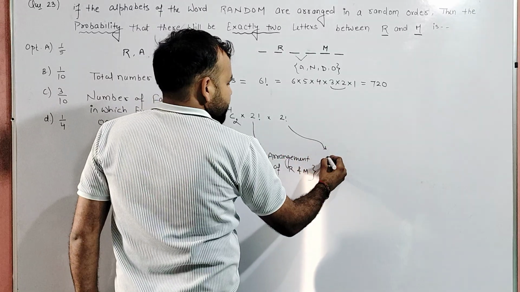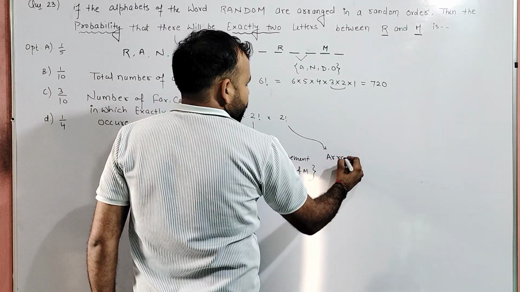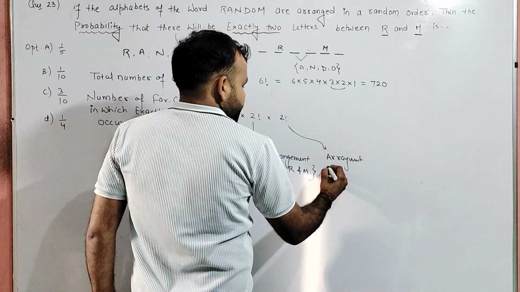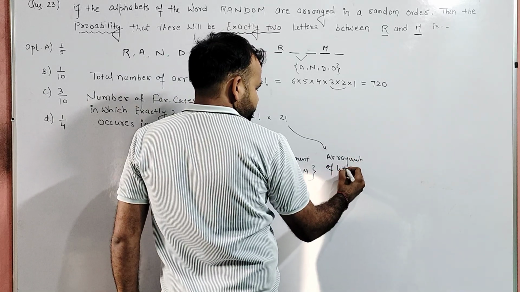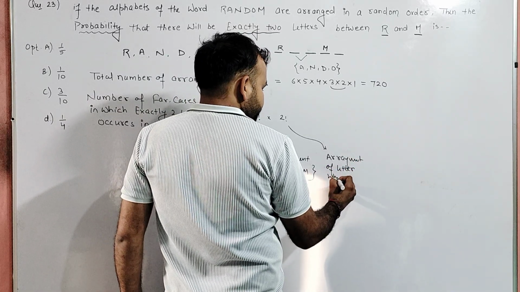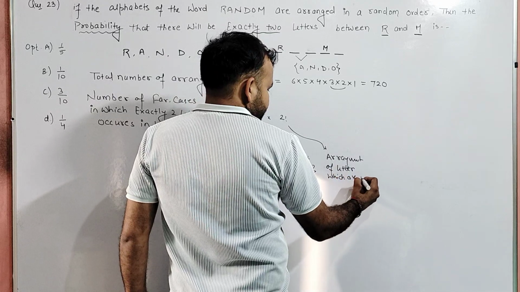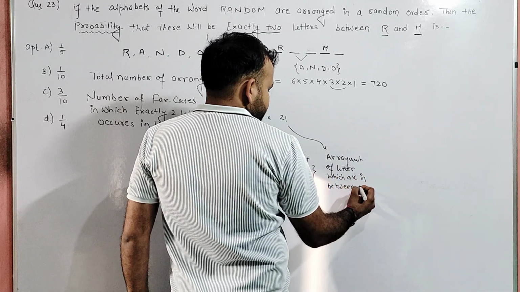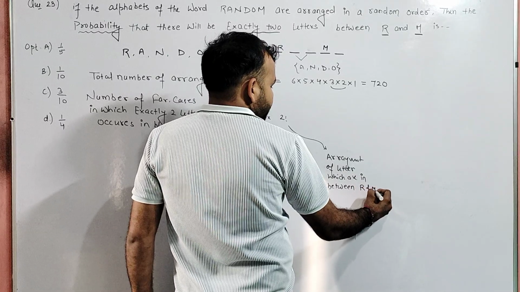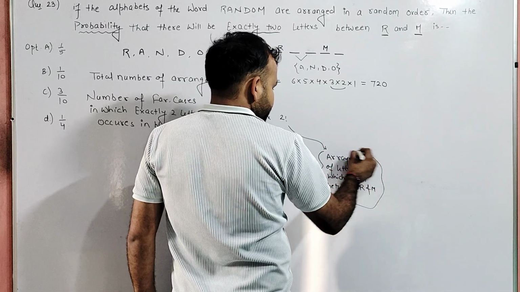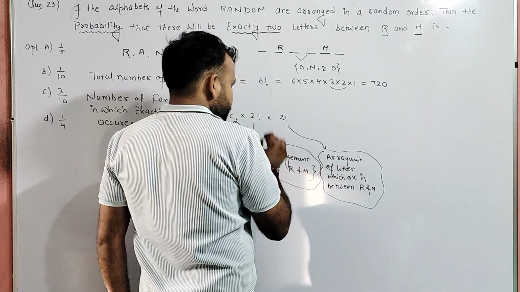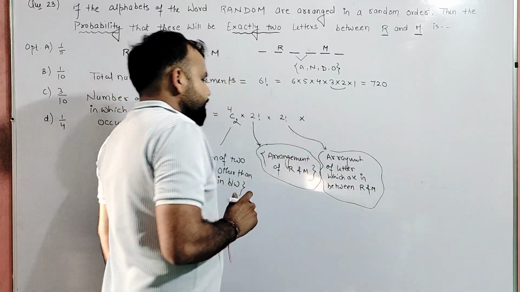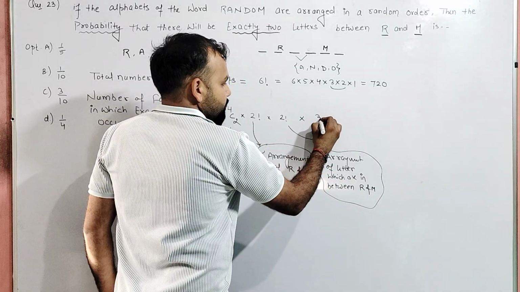So this is also the arrangement of letters which are in between R and M. Multiply by, students, remember these things always, 3 factorial.